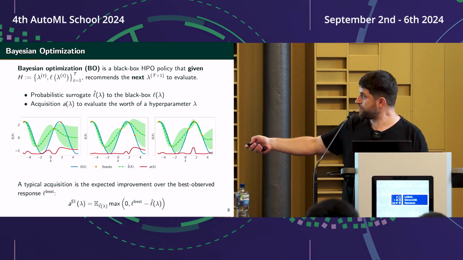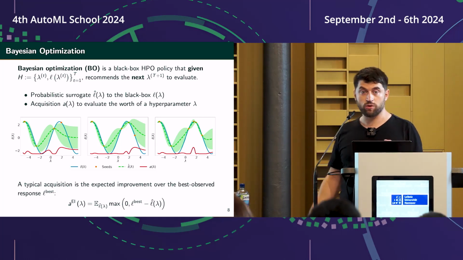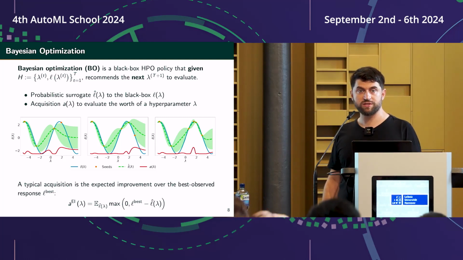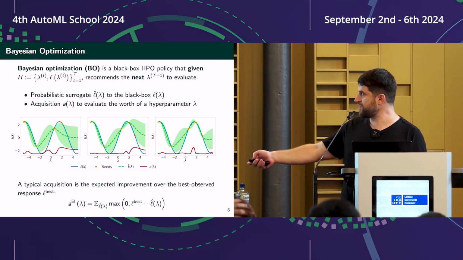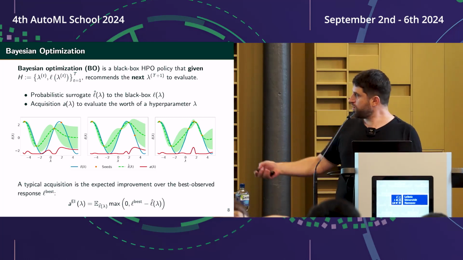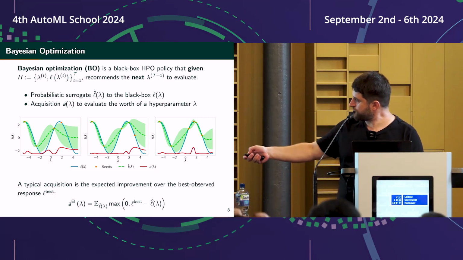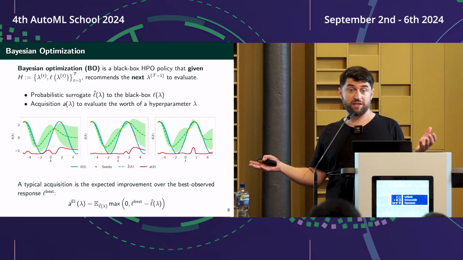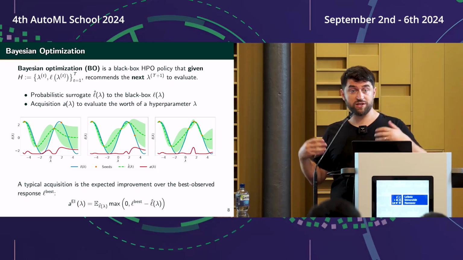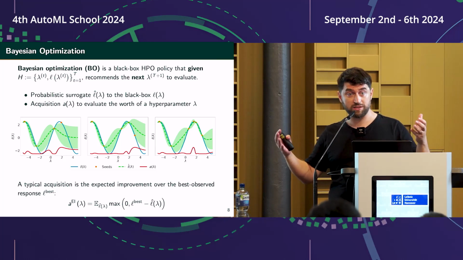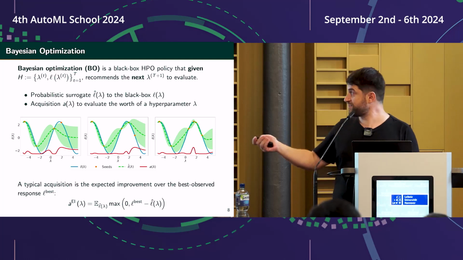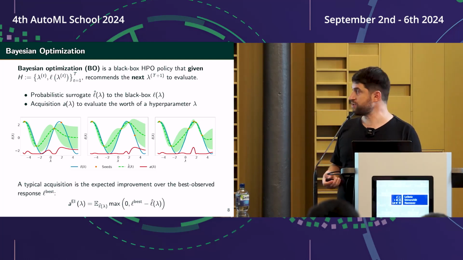And it is probabilistic in the sense that it computes a posterior distribution of the response, in other words, of the validation error or validation accuracy with respect to the hyperparameter on the x-axis. And then the acquisition looks into this performance predictor and judges in which region it is more likely that we have a good configuration, in the sense of the highest possible validation accuracy in this illustration.